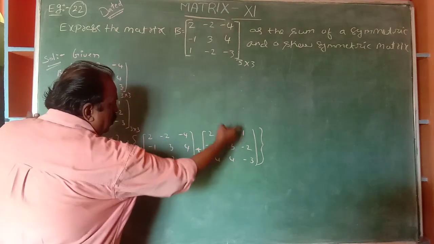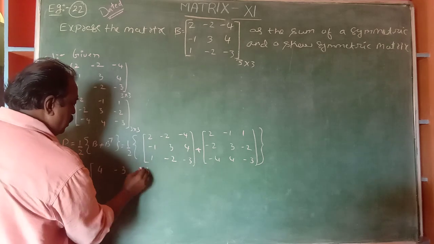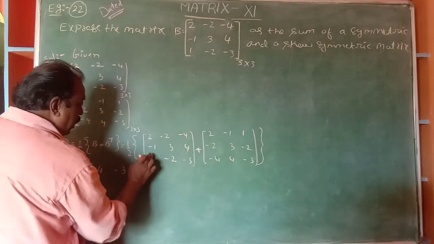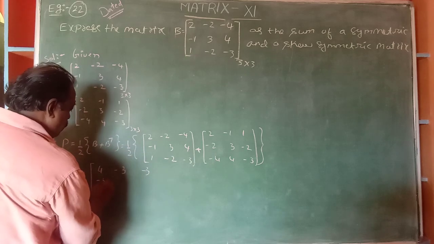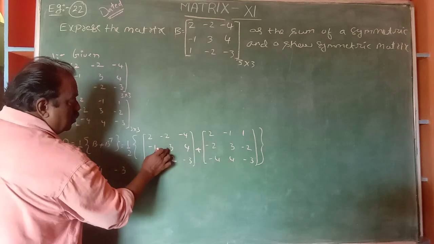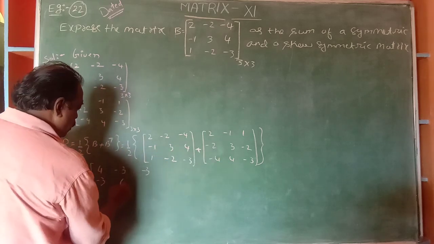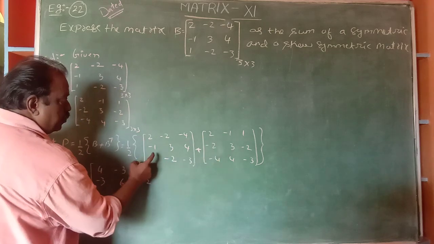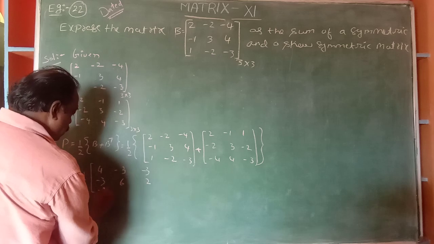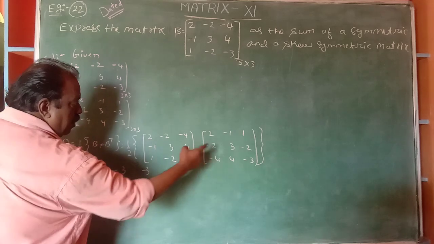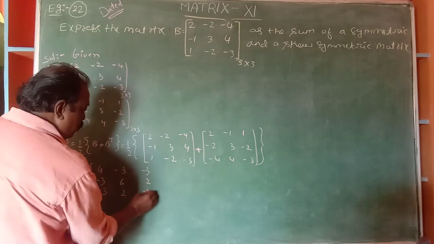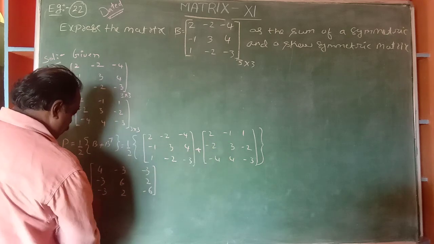Minus 4 plus 1 is again minus 3. 1 minus 2 is minus 1, 3 plus 3 is 6, 4 minus 2 is 2. 1 minus 4 is minus 3. Minus 2 plus 4 is 2. Minus 3 minus 3 is minus 6.